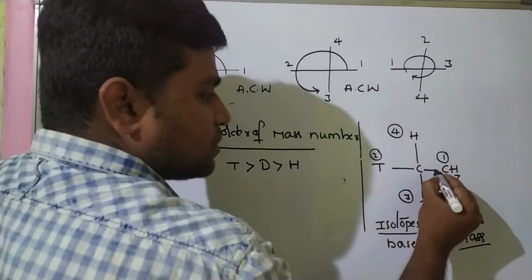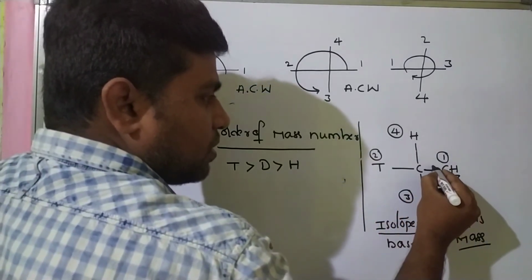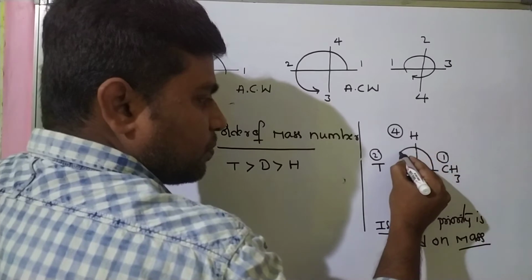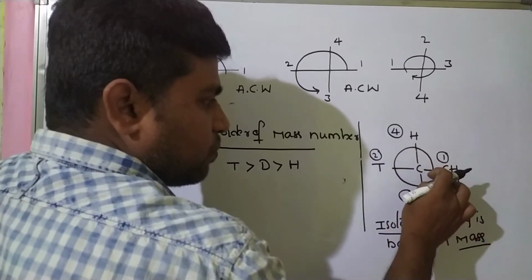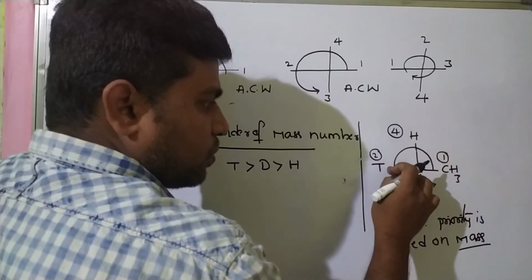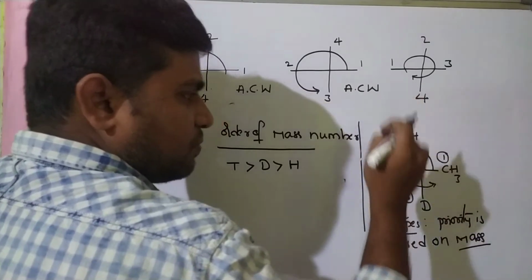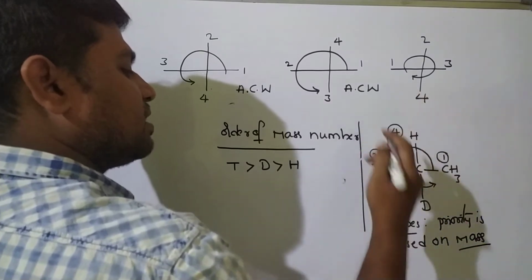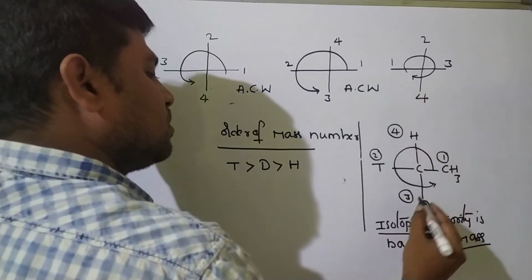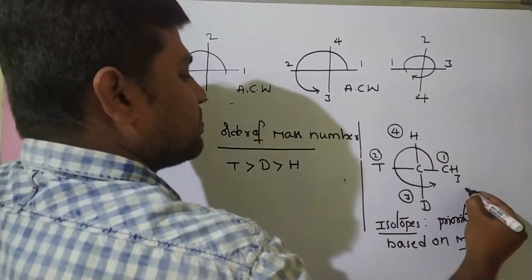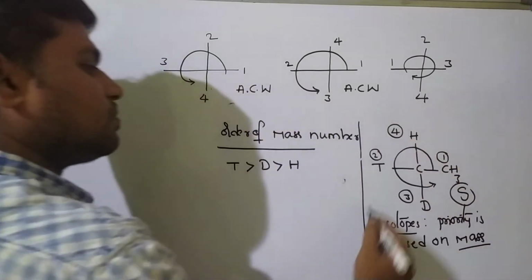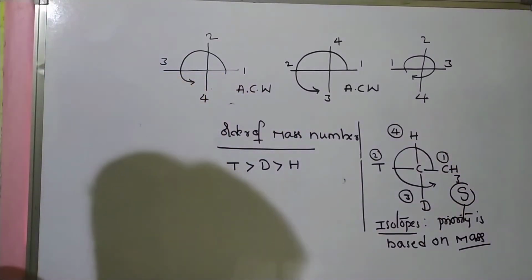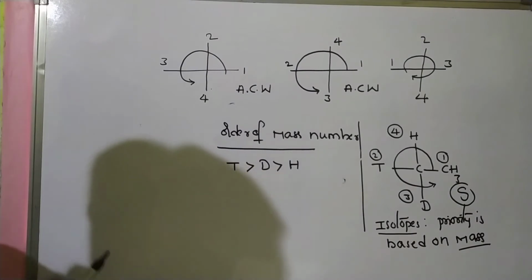So the rotation is 1, 2, 3, and then 4. Okay, students? So this is again anti-clockwise. Anti-clockwise means this is the S configuration. Okay, please note.